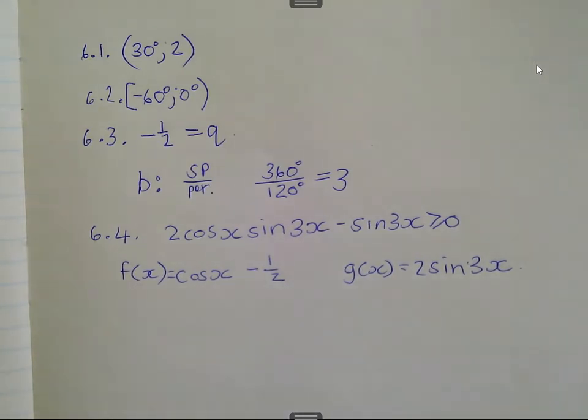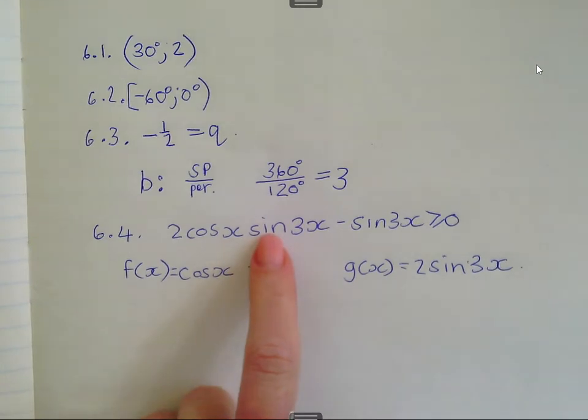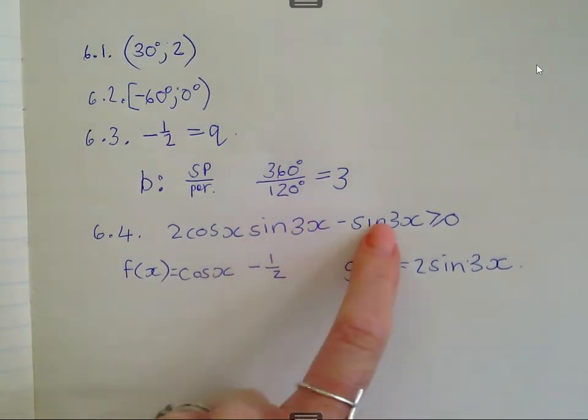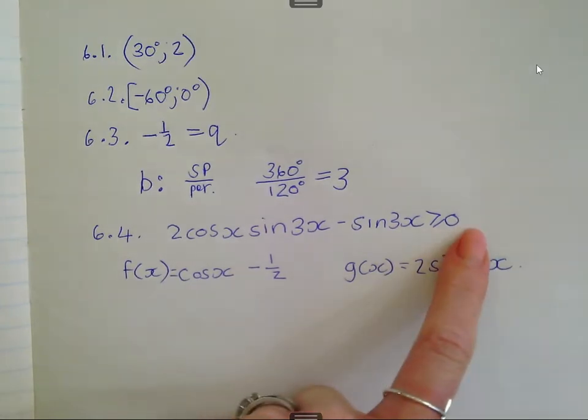We can do two things. Okay, the first thing we can do, because you see this is an equation. So that's good. When I divide things, I can get rid of it. If I divide with sin 3x, it's going to get rid of it here and here and there.